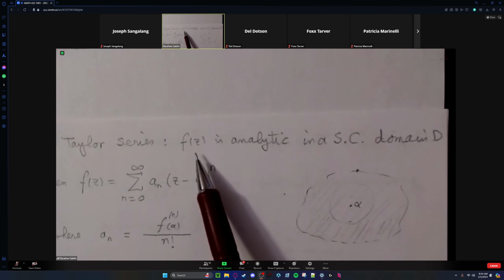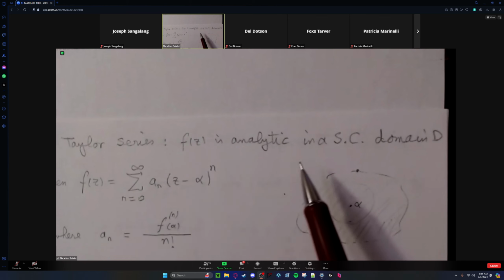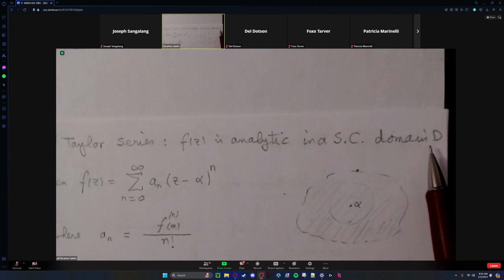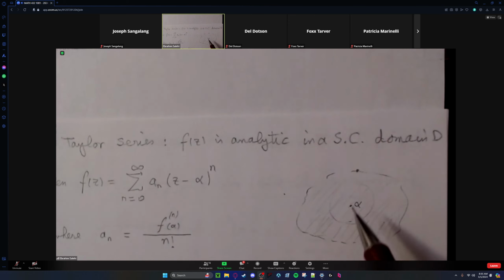So we have a function which is analytic in a simply connected domain. So this domain right here doesn't have any hole in it, right? So the point alpha is not a bad point. And the function is analytic here, meaning that derivative exists everywhere in this domain, okay?